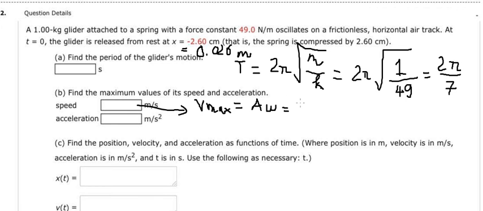Omega, we have 2π divided by T. So we have A is about 0.026 multiplied with 2π divided by T in here.